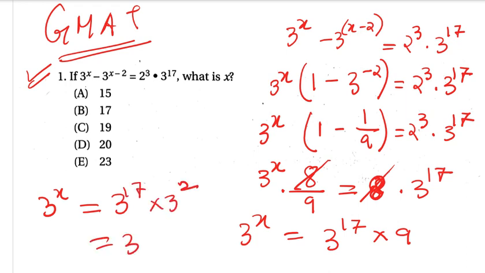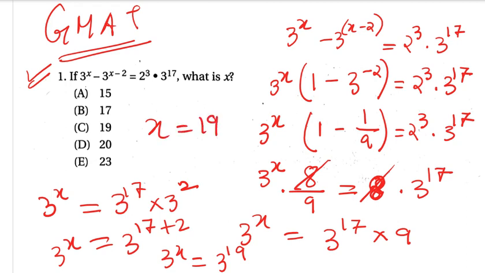Hence you have 3 to the power 17 plus 2. So 3 to the power x is equal to 3 to the power 19. Hence x is equal to 19. So that's your final answer. So that's option C, and that answer is 19.